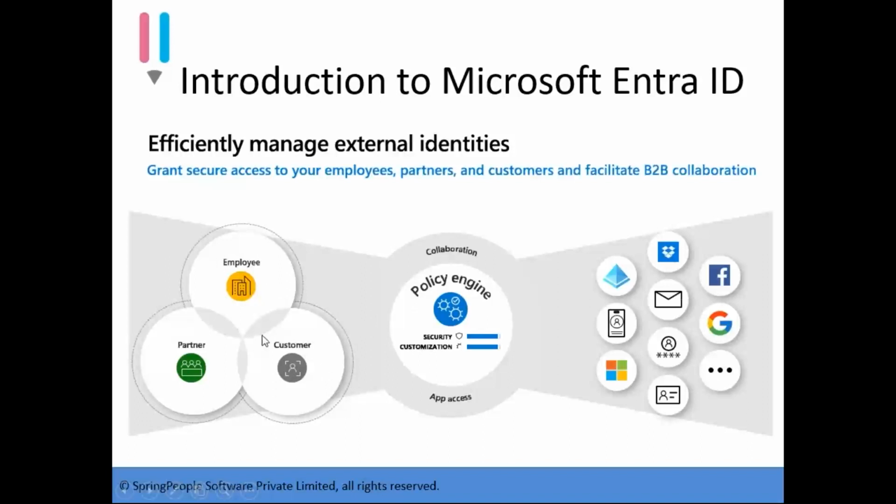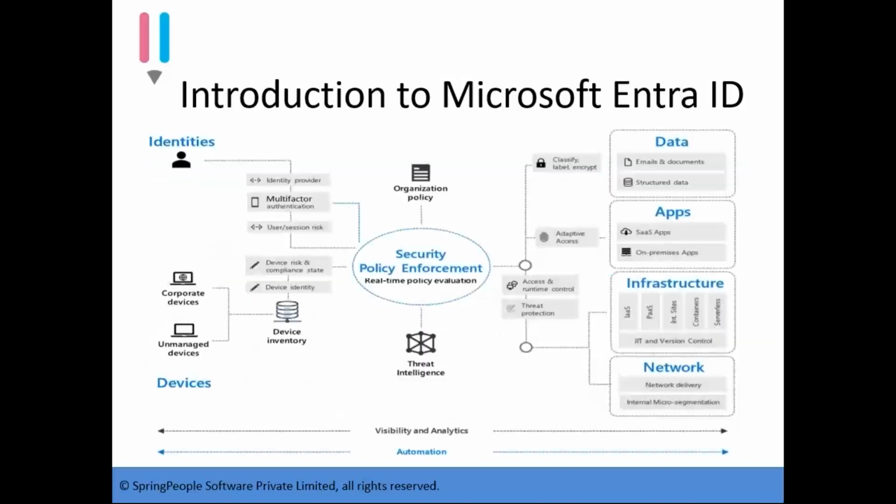So you can have your employees, partners, customers coming in and using various app access within on-prem, whatever you are trying to provide as a service in your organization, or with third-party apps also. You can have efficient management of external identities.